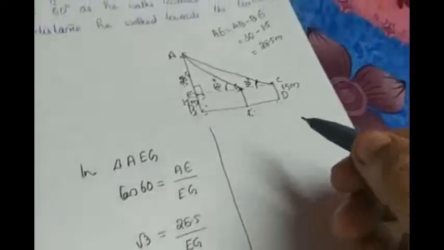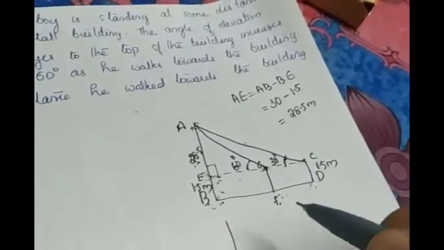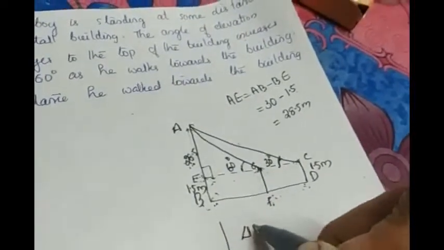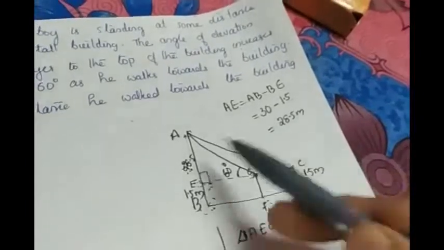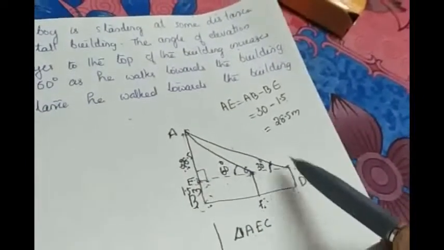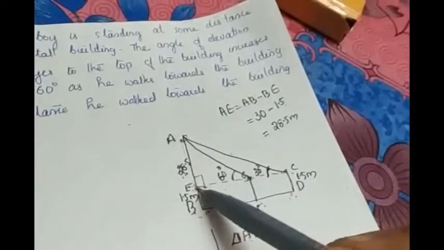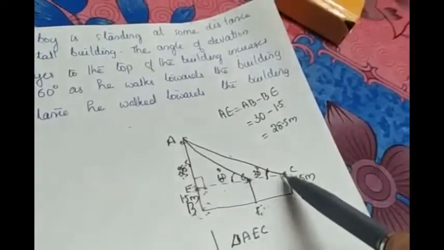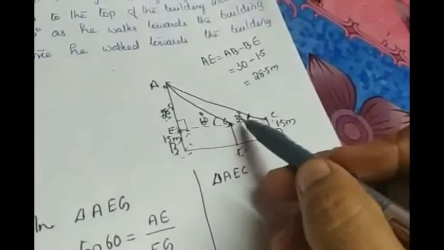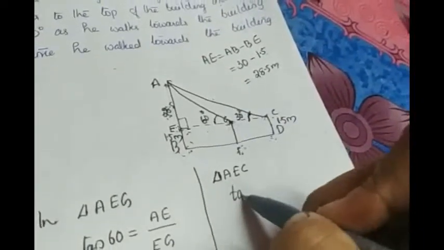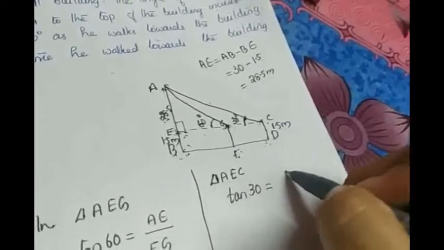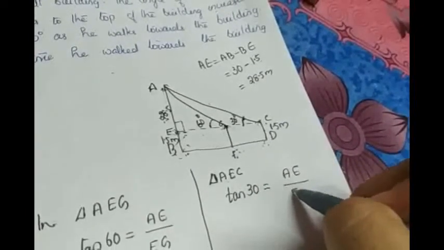Again, we will be taking the next triangle. Can you say which is the next right triangle? We are taking triangle AEC. In the triangle, the angle is 30 degree. The opposite side we know is 28.5, and we need to calculate EC. So which is the relation here also? It is tan. Tan 30 is equal to AE, the opposite side, divided by EC.